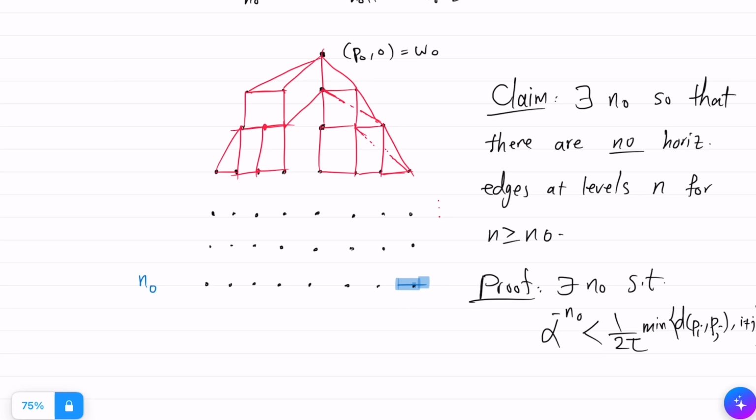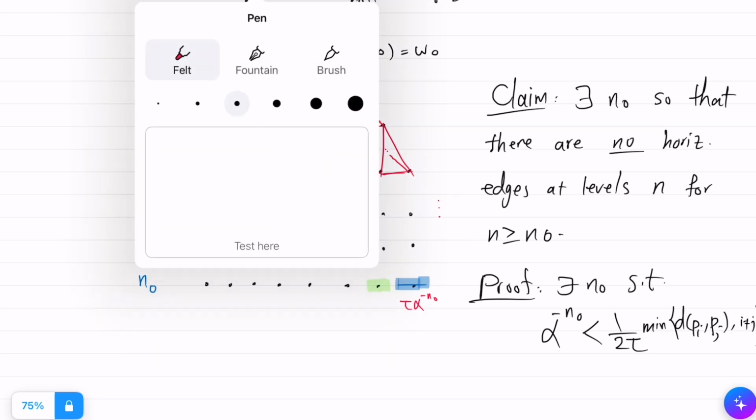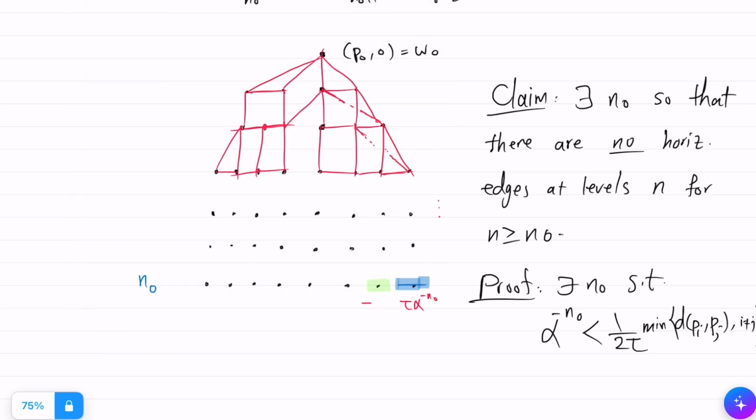So you want to draw a ball of radius tau alpha to minus n0, and then you want to take a ball around here of tau alpha to minus n0. But because these distances are really small, maybe 2 isn't enough or something. Or wait, no, actually it works.